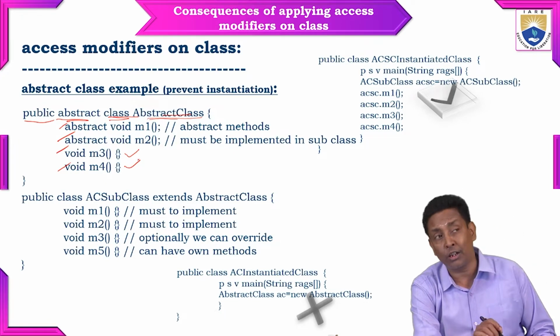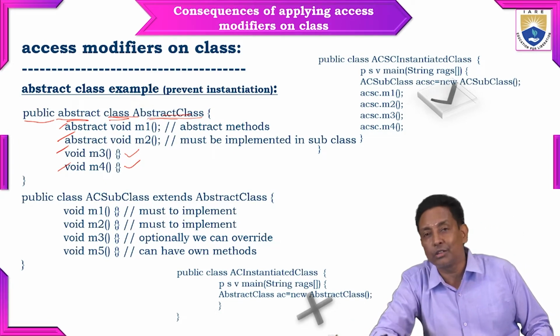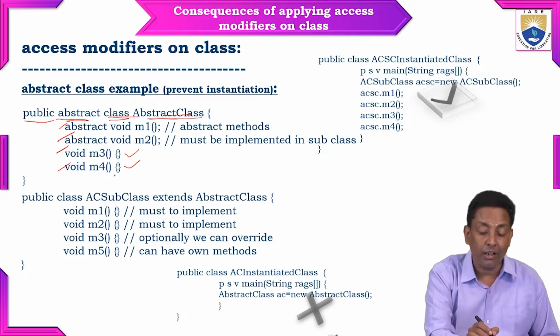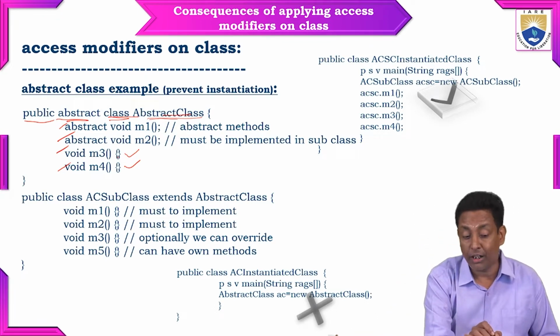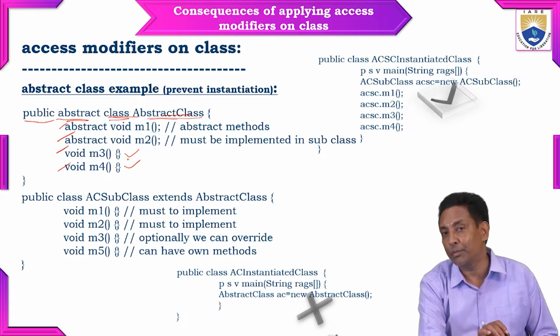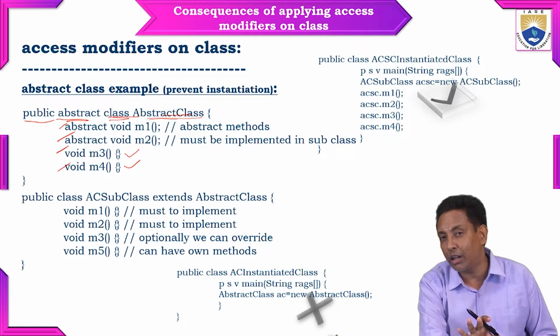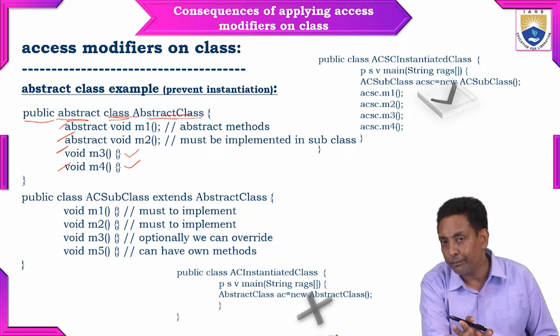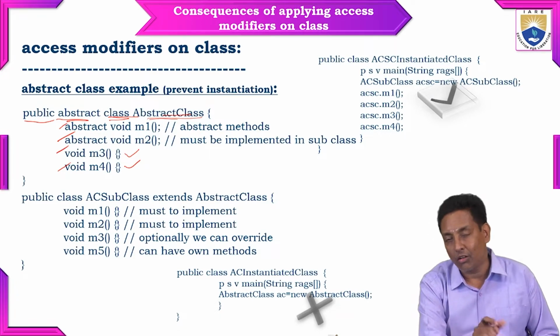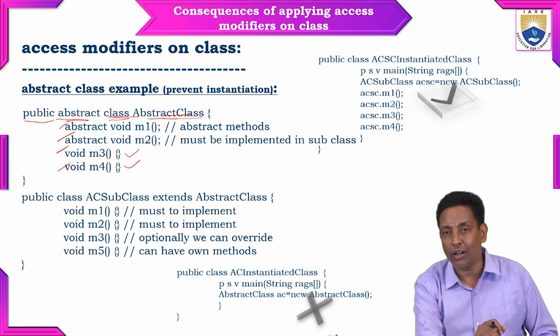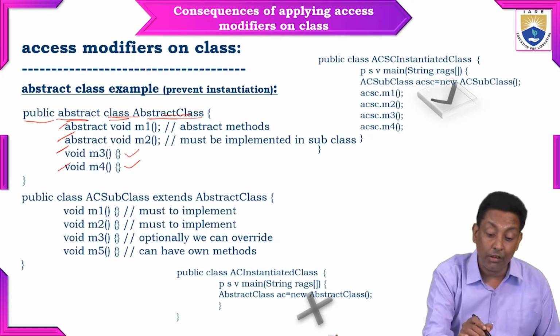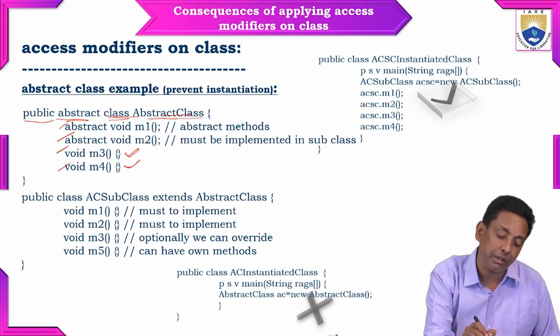Implemented method doesn't mean that you need to write tens and hundreds and thousands of lines of logic. If, soon after the method declaration, you open and close flower braces and provide a blank body to the method, then you can call that method implemented. Of course, we need to write logic in that, but it will be accepted as an implemented method.